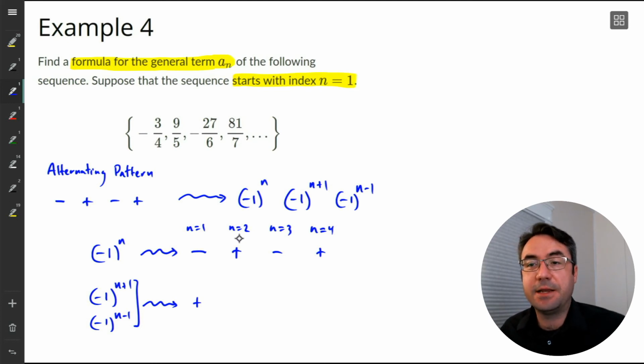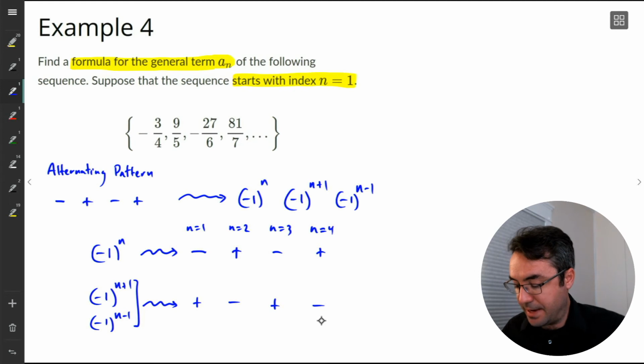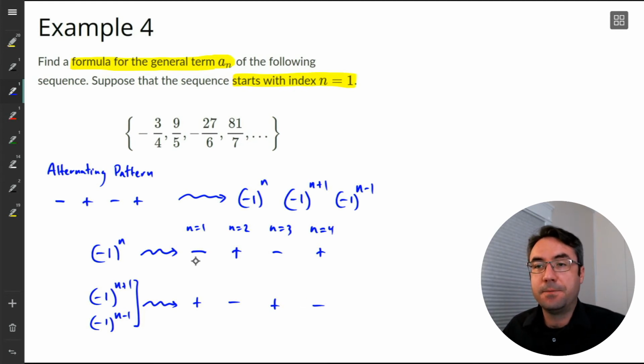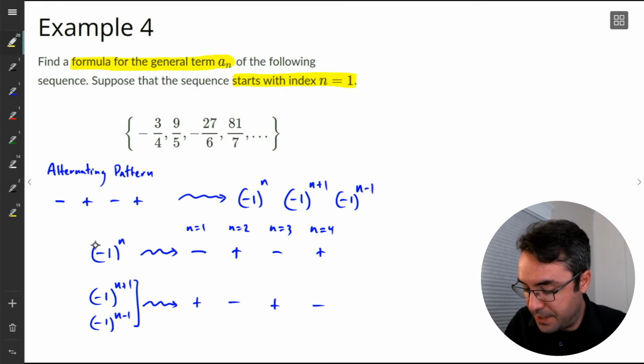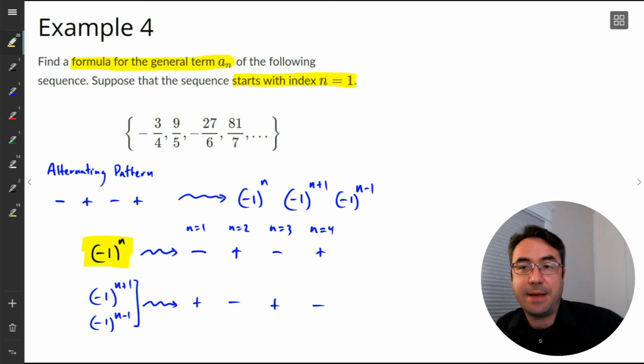Then if I plug n equals 2 in, I'm going to end up with -1 raised to either 3 or 1, so an odd power. So I get negative. Then when I plug n equals 3 in, I'm going to have an even power again, so I'm back to positive, and then negative. So in our actual sequence, we have that negative, positive pattern. So we're going to go with the piece that matches that pattern: -1 raised to the power n.